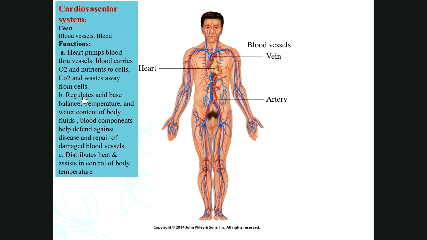Other important factors: it's going to regulate our acid-base balance, temperature, water content of the body. It helps defend us from disease and repair damaged blood cells. Also distributes heat, which assists in the control of body temperature.